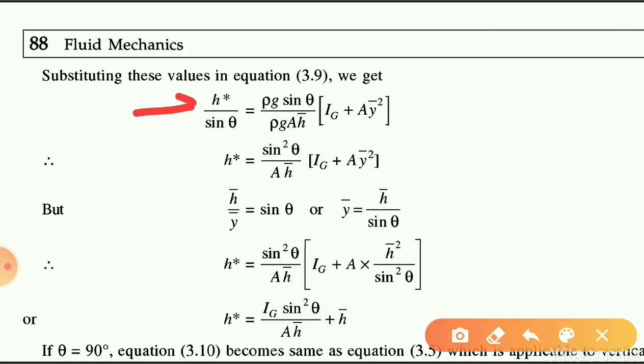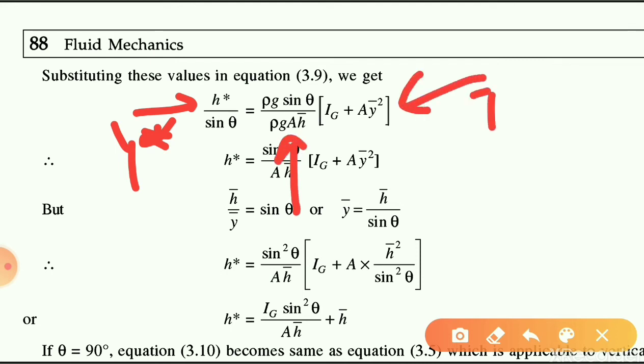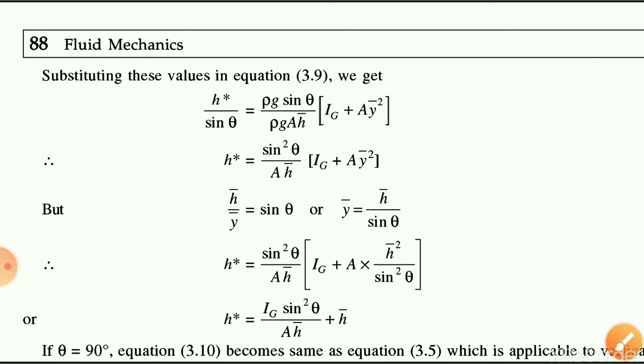This is the value of y*, h* upon sinθ. If you put the value of F as ρ g h̄ here, and the value of I0, this is the value of I0, this is the value of F, and this is the value of y*. Then if we simplify this, we will get an expression like this.